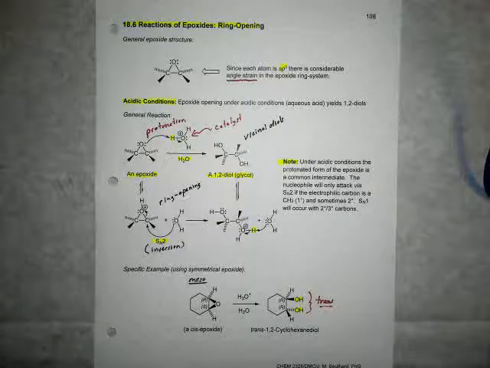Now it always helps to look at other examples. So let's flip over to page 109. On page 109, move it up a little bit. I've given you an example whereby we're going to use a trans epoxide. And what I'd like to do is walk you through this overall process so you can see firsthand what's happening.